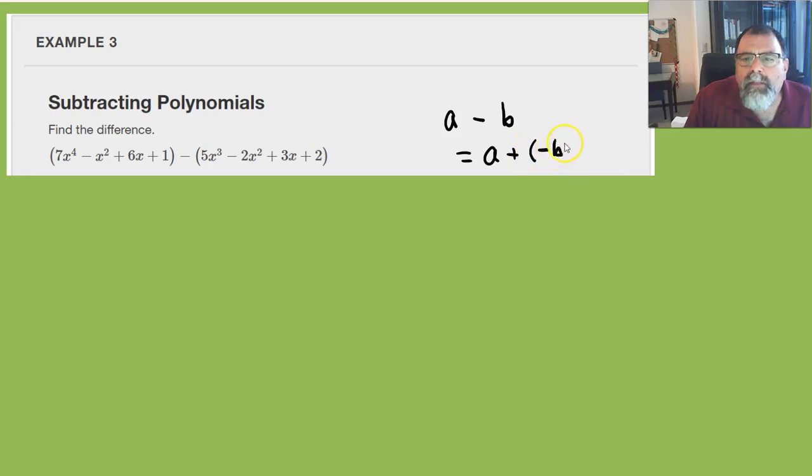And remember what I said earlier, the opposite of b can be thought of as negative 1 times b. So I can think of this as plus negative 1 times this polynomial. We're going to distribute that negative 1.